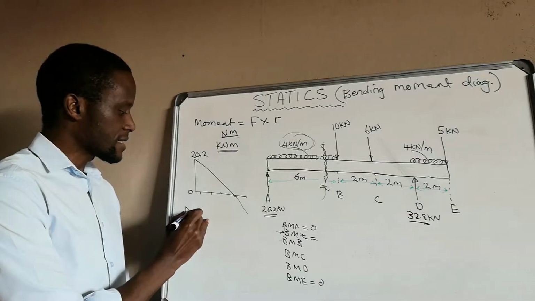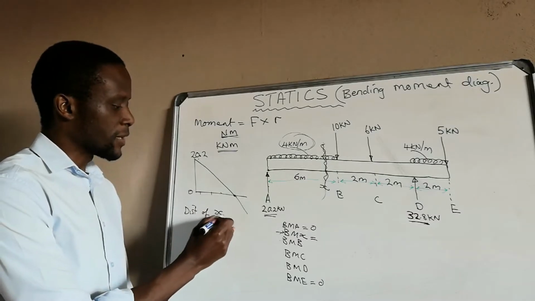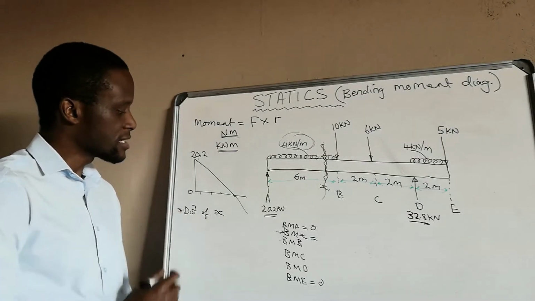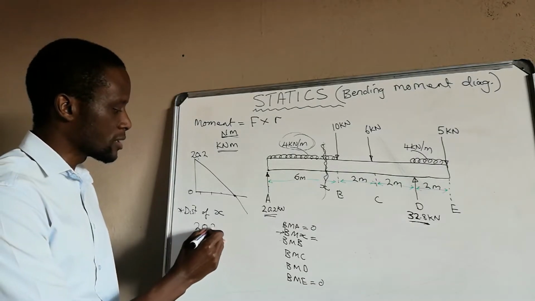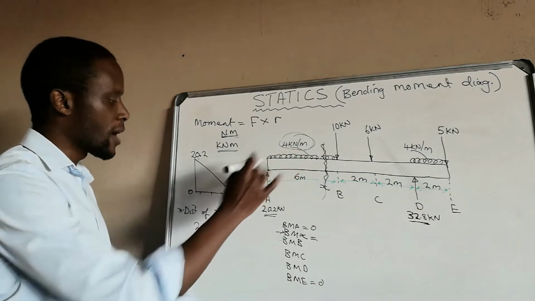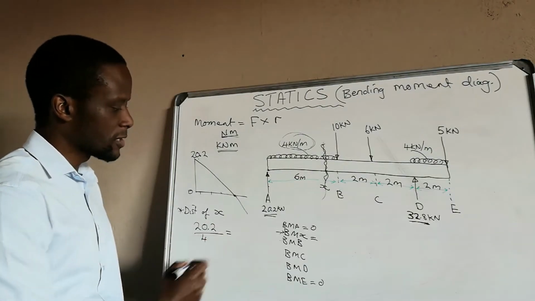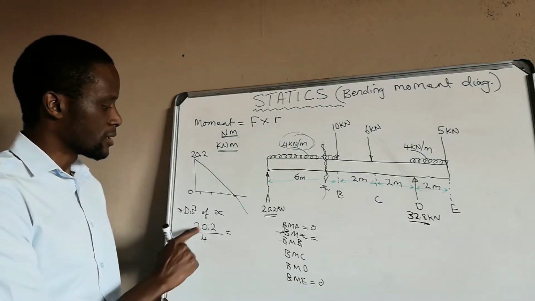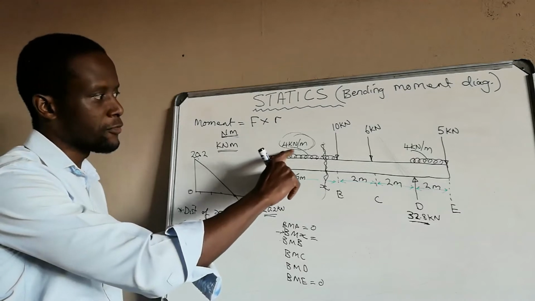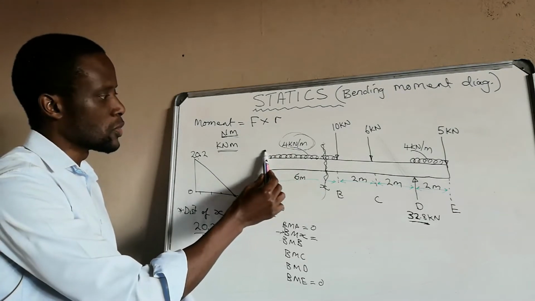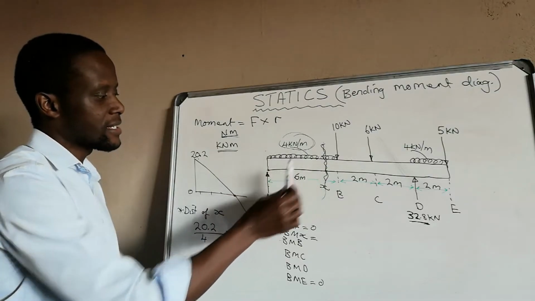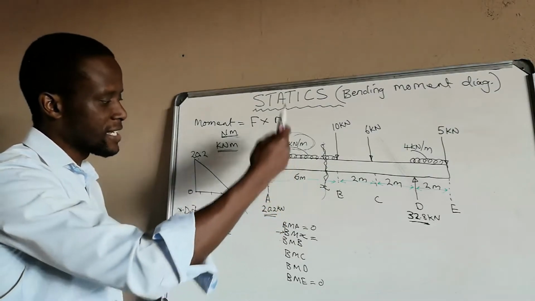So in order to calculate the distance of point X, we'll take our 20,2 and divide it by our uniformly distributed load, 20,2 divided by 4, because as we move from 20,2 we are going towards the right. 4 kilonewtons for each meter is bringing it down.